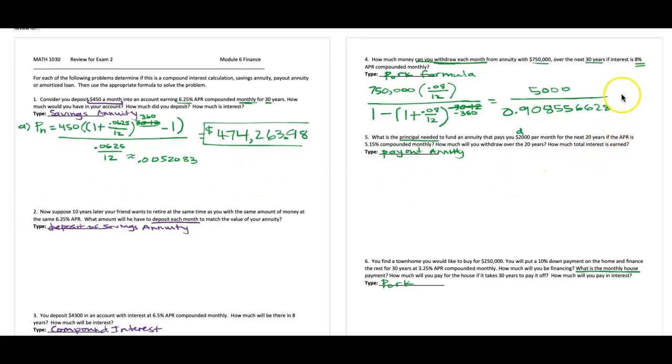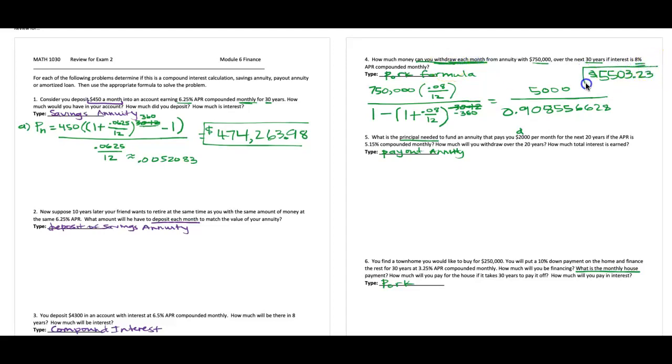So when I did it this way, I came up with $5,503.23. Right, and that's how much you can take out each month.